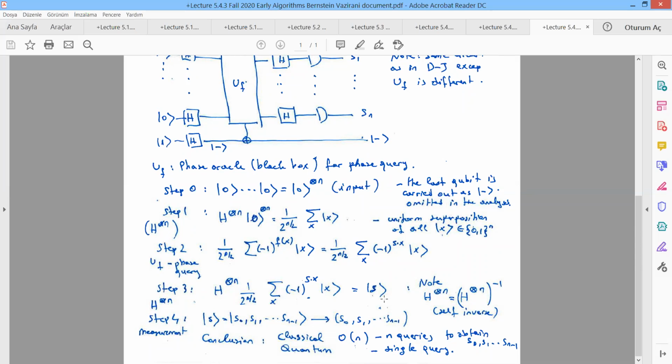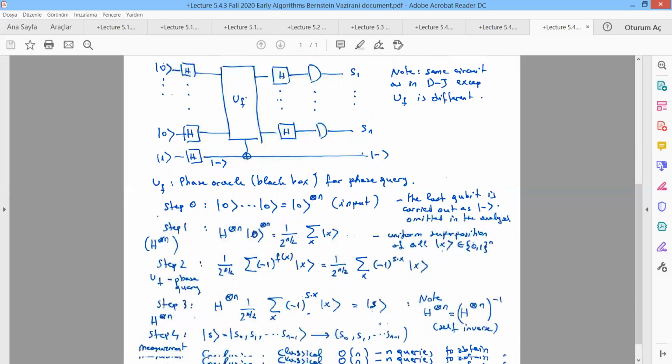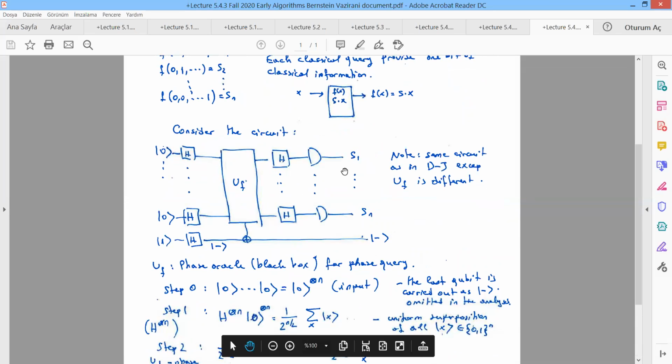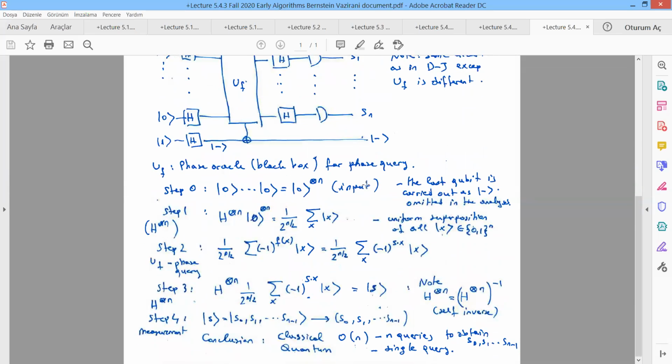And stage 4 now is the measurement stage. If you measure ket s, which is ket s0, s1, up to s sub n minus 1, all these n qubit states are measured here, and they are measured as s sub 0, s sub 1, up to s sub n minus 1, as zeros and ones.